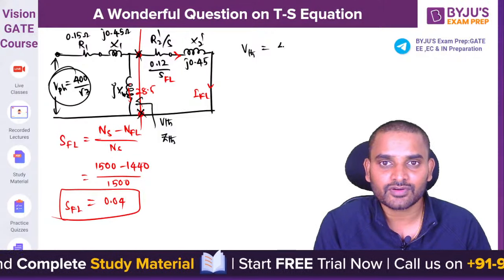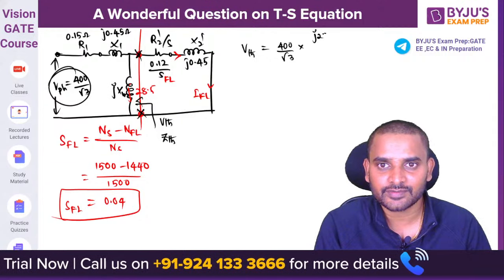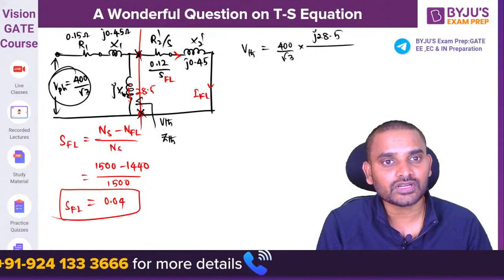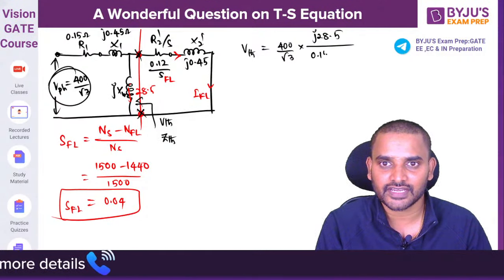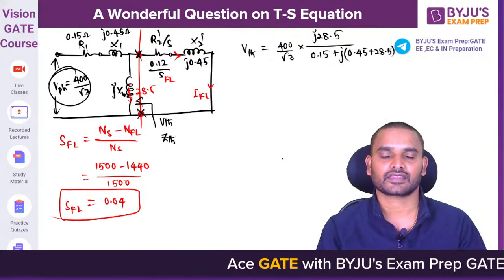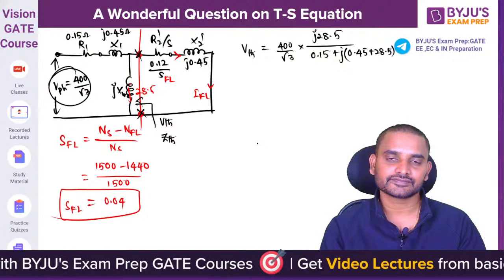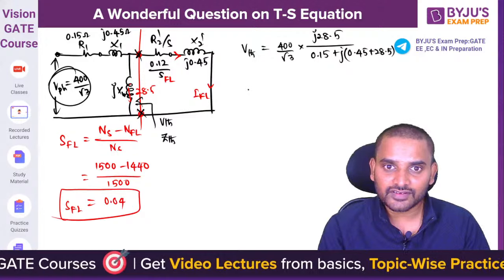Supply voltage is 400 by root 3 into J 28.5, divided by total impedance, that is 0.15 plus J 0.45 plus 28.5. So this is the Thevenin's voltage you are going to get.